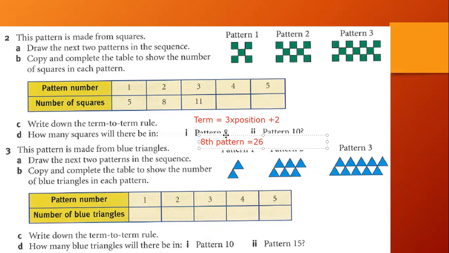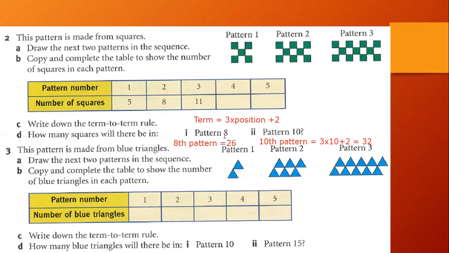So my eighth pattern is 26. Now same like this I am solving the 10th pattern. The 10th pattern is equal to 3 multiplied by 10 plus 2, that is equal to 32. So the 10th pattern has 32 and the 8th pattern has 26.